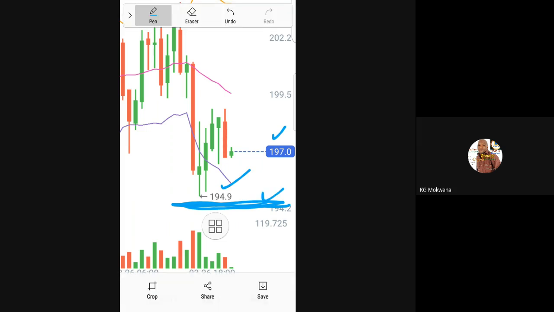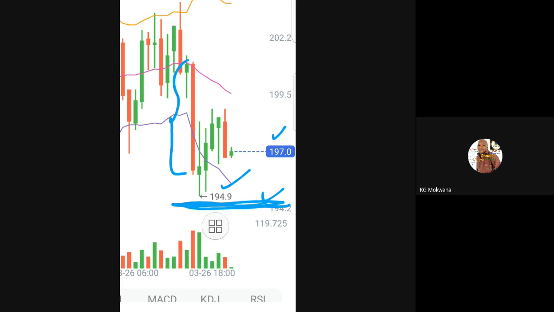So as a result, look at these, business partners. When you trade, pay attention. Can you see that candlestick? That candlestick is huge and it engulfs so many candlesticks.